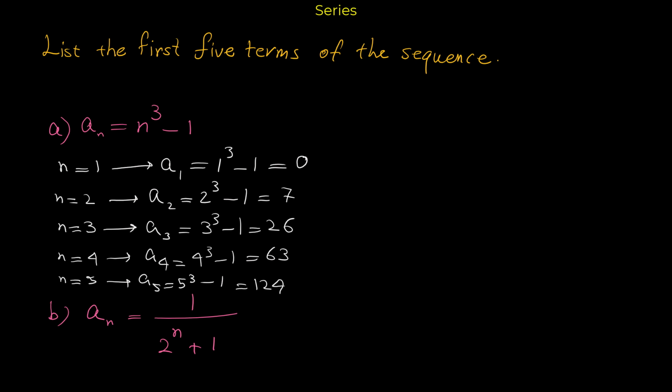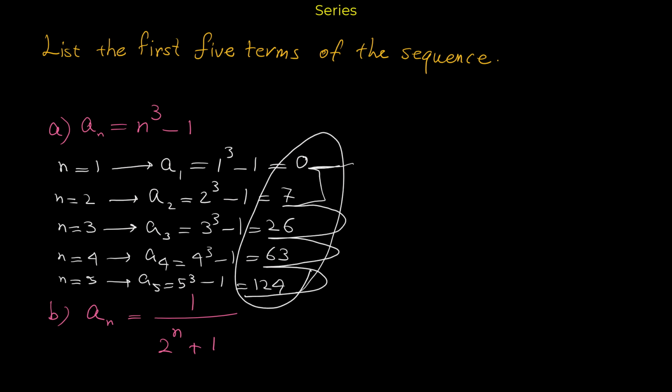Maybe you wonder why we have to write the terms of a sequence. What is the reason? Sometimes it's useful to guess if the sequence is convergent or divergent. For example, when we look at these numbers, the first term is 0, then we have 7, 26, 63, 124.